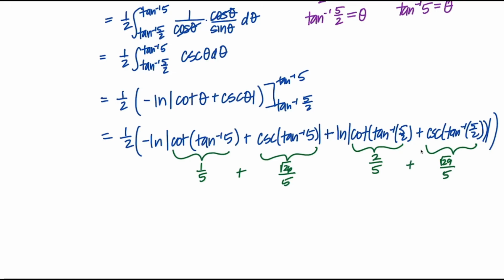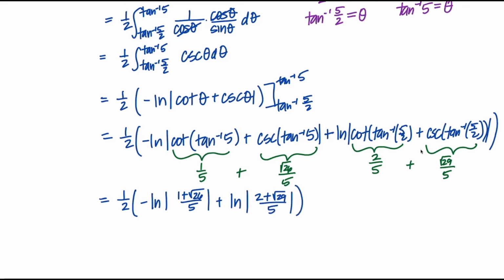And again, these are added together. So here's what we have. I'm going to have 1/2 negative the natural log of 1 plus rad 26 over 5 plus natural log of 2 plus radical 29 over 5.